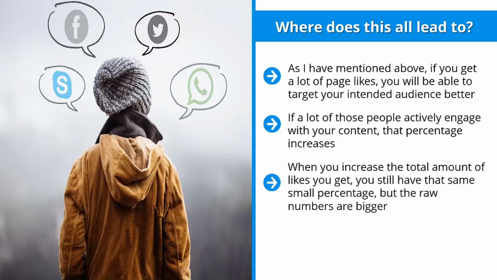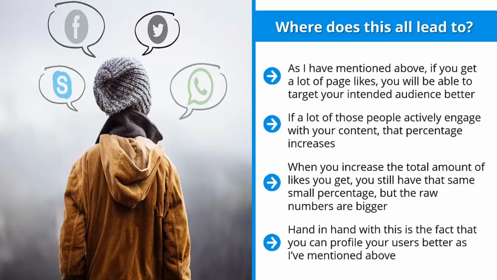When you increase the total amount of likes you get, you still have that same small percentage, but the raw numbers are bigger. Believe me, 10% of 100 is definitely going to be smaller than 10% of 100,000. Which position would you rather be in? This is why it's always a good idea to build up your page likes.